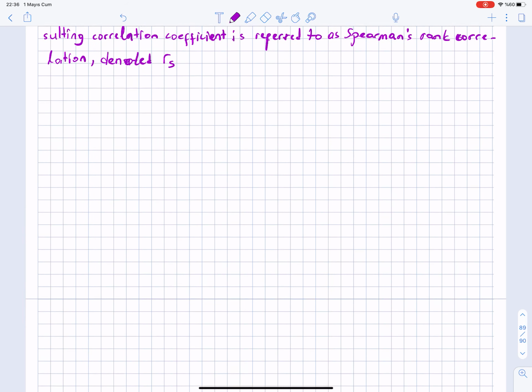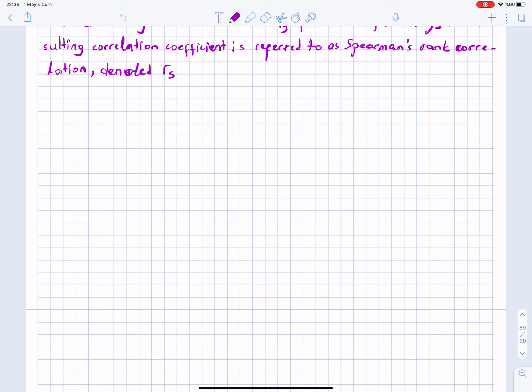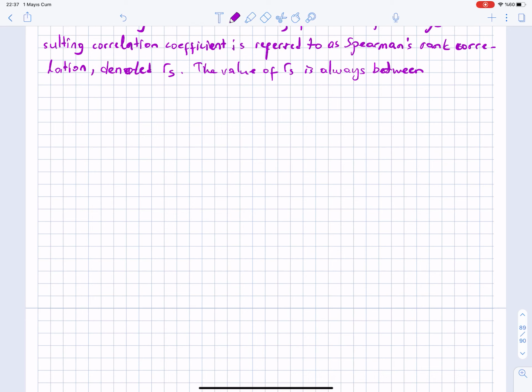The value of RS is always between -1 and +1.